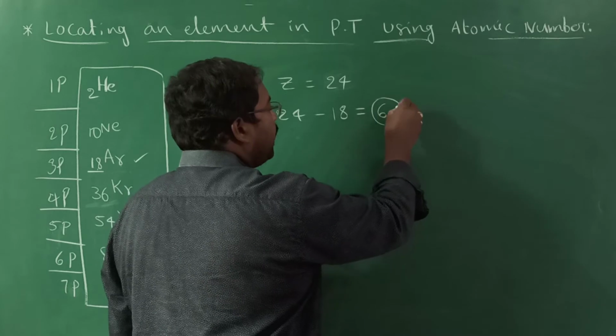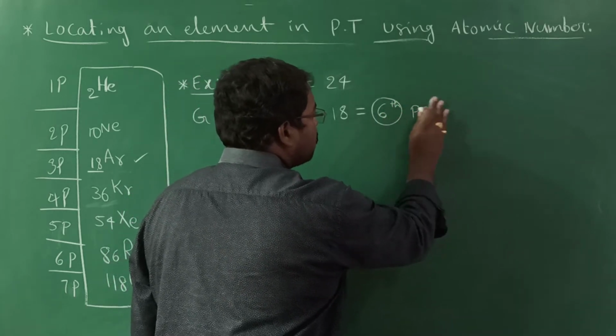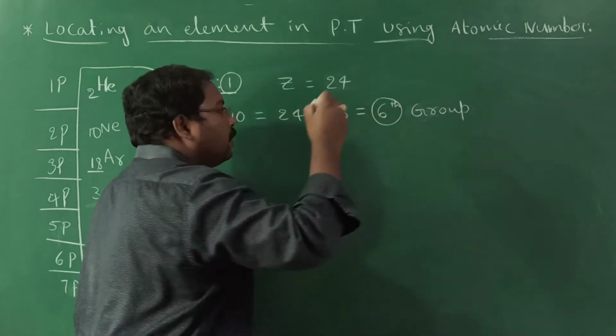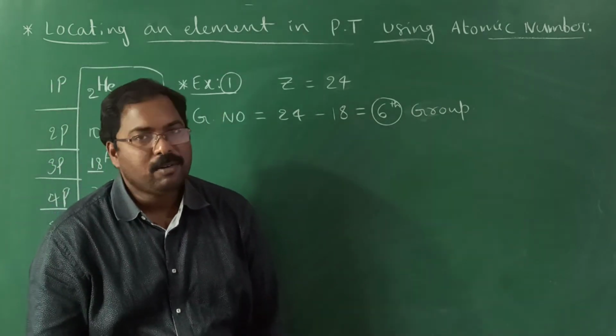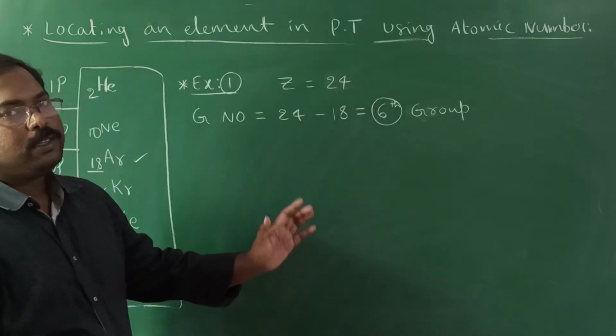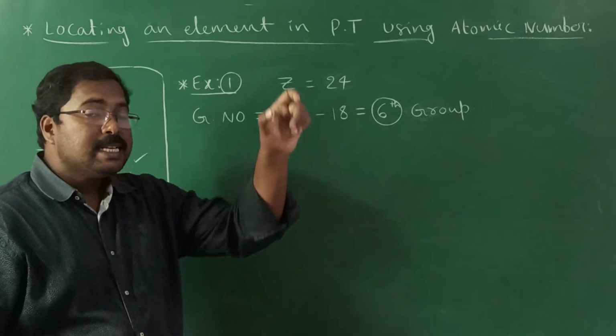So it belongs to the 6th group. If you have doubt, look at the periodic table and check it. The 24th element is chromium, and it is present in the 6th group.